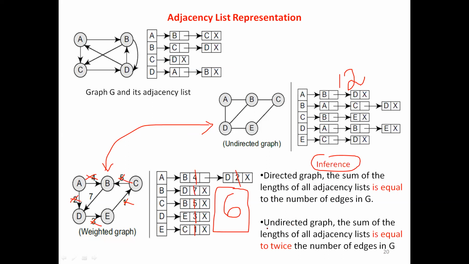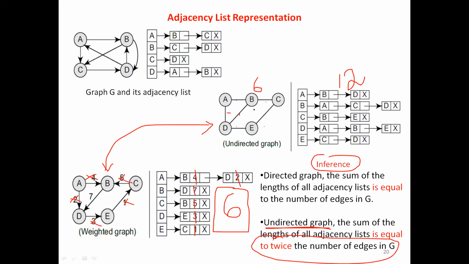But in the second inference, what you're inferring from the undirected graph: the sum of the lengths of all adjacency lists is equal to twice the number of edges. Here it is 1, 2, 3, 4, 5, 6. Here it is 6 edges.